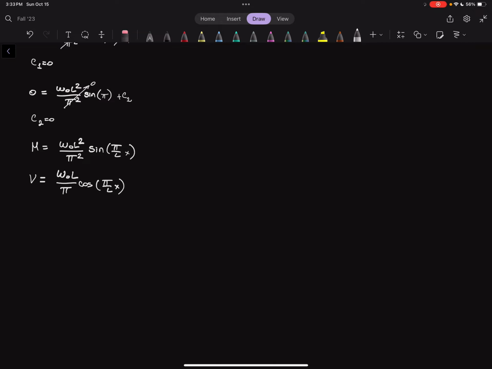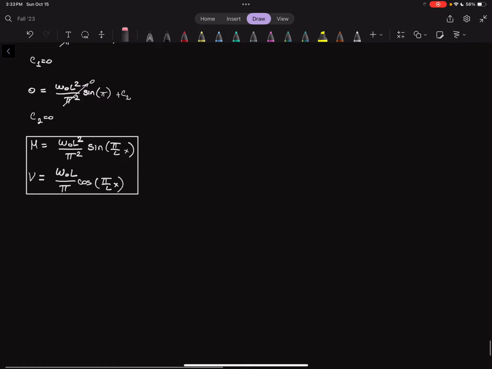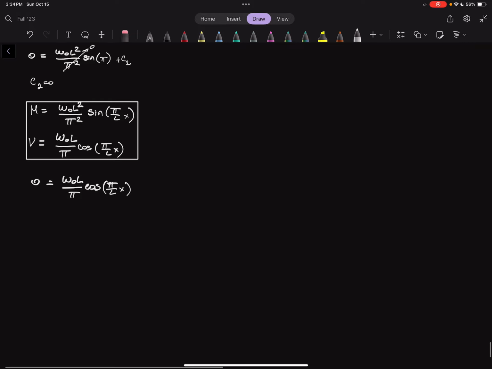Now what's cool about this is that this is one of the answers that they wanted, but also we can find when the moment is max by finding when the shear is 0. And so what would make this 0? Well, if pi over L times x were equal to pi over 2.